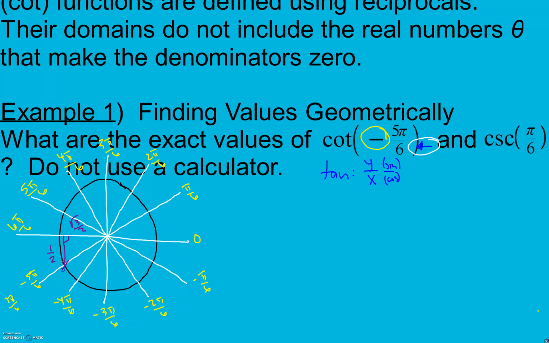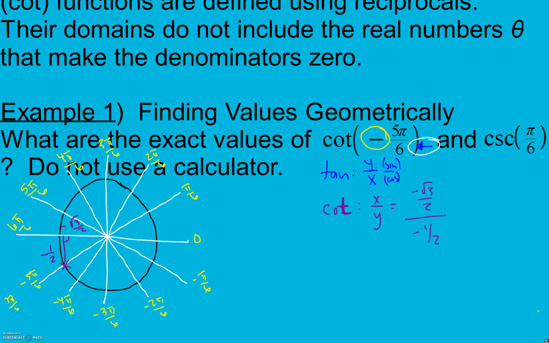Here in the third quadrant for this point, they're both negative. So, if tangent is y over x, cotangent is x over y. So I take my x, negative square root of 3 over 2, divided by negative 1/2 for my y, and now I simplify.